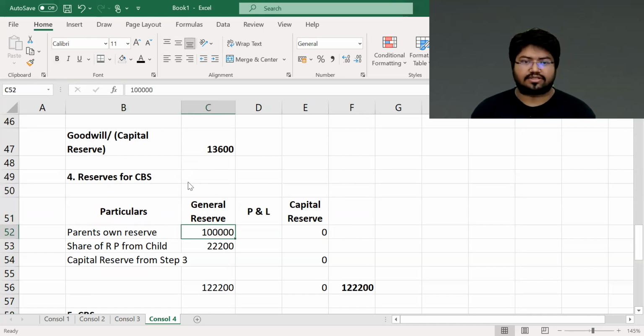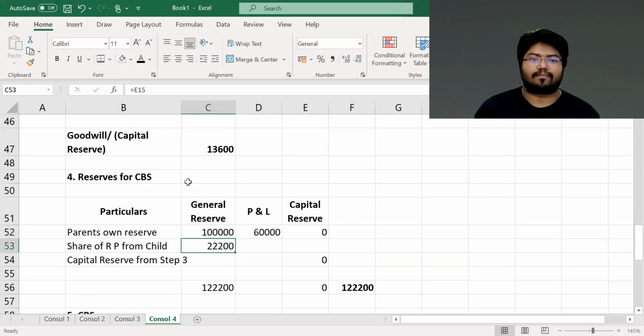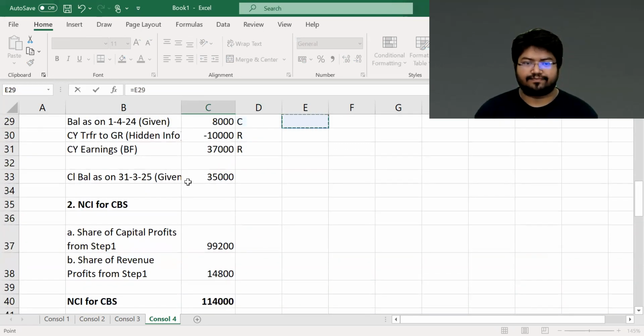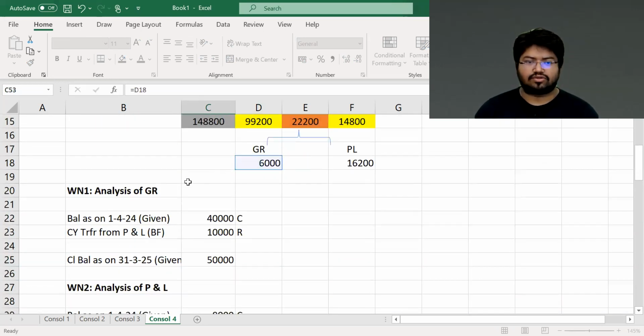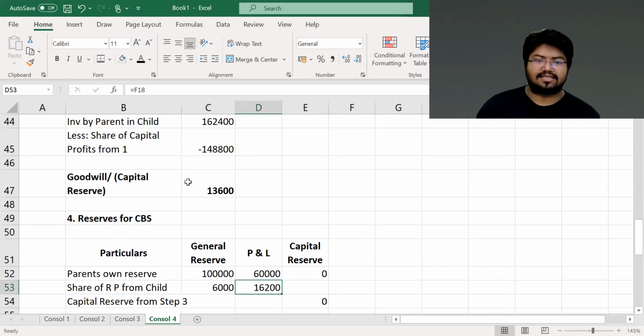Parent's own reserves: general reserve is 1 lakh and P&L is 60,000 from your holding company standalone financial statements. Share of revenue profits from child: general reserve is basically 6,000 and P&L is 16,200.